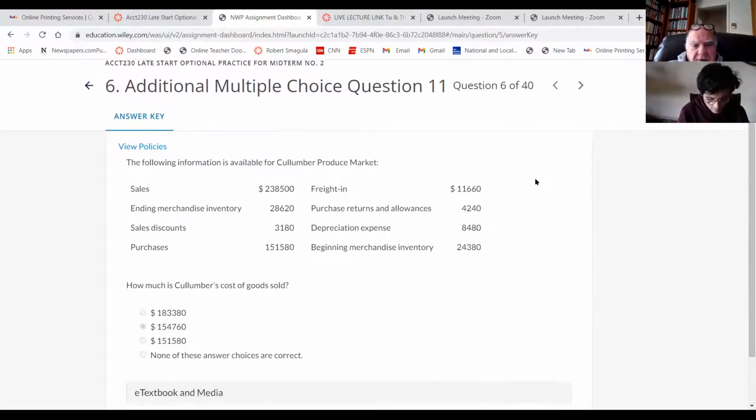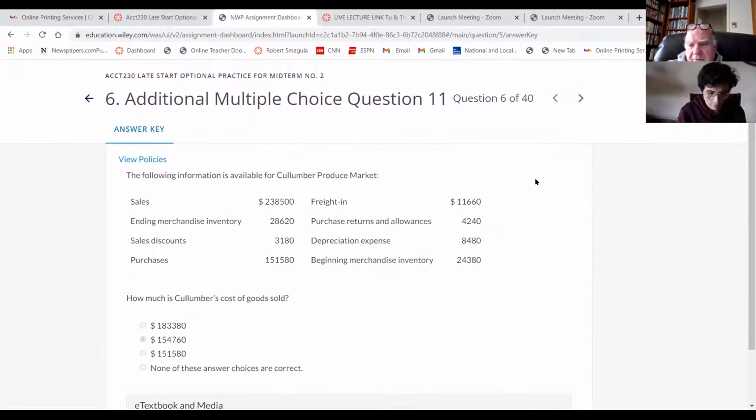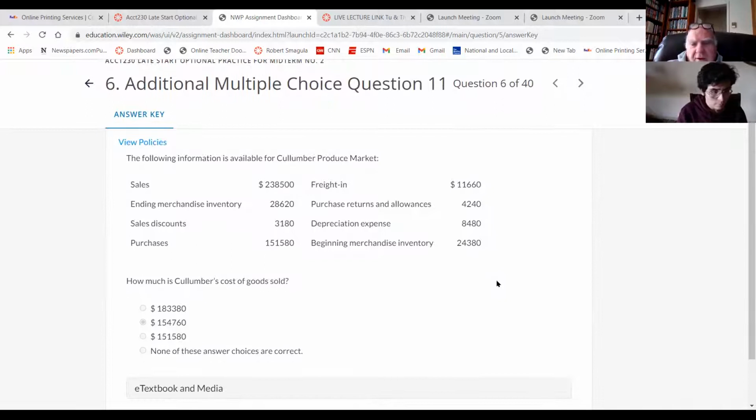Here we go. You got a calculator with you, Miguel? Yes, I have one. Okay, they're asking us to come up with the cost of goods sold. Do you remember what our template is? Beginning inventory, which is 24,380.